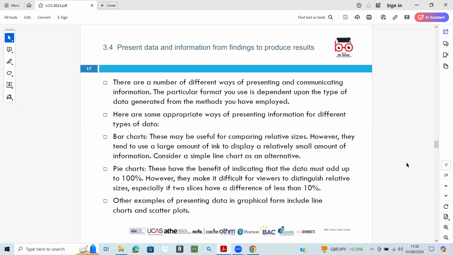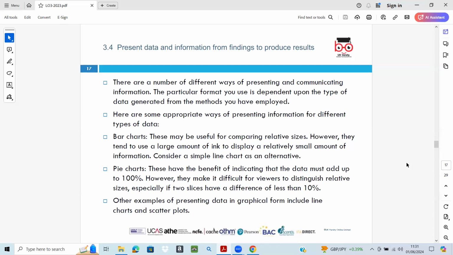Then we have line charts. For other examples, data and graphs include line charts and scatter plots. So for example, we have line chart.